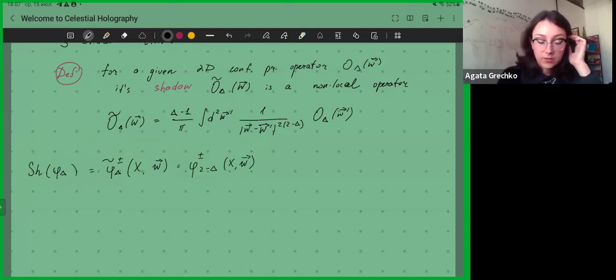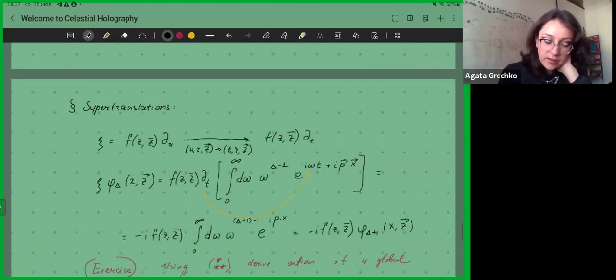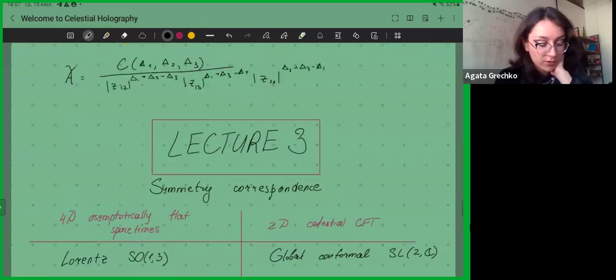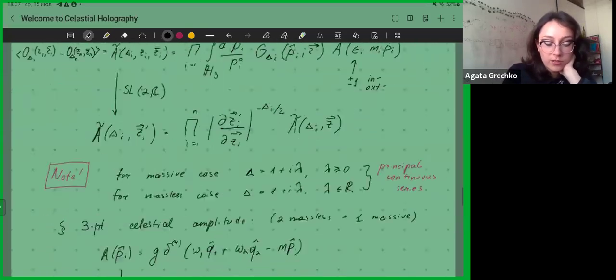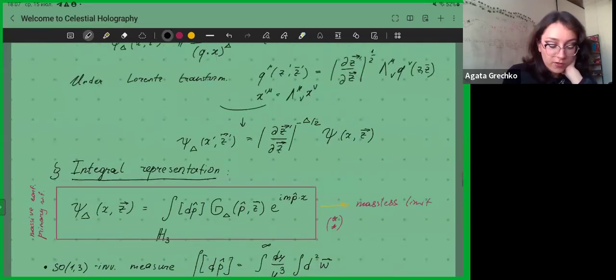And now remember the times when we were calculating the massless limit of our conformal primary wave functions.